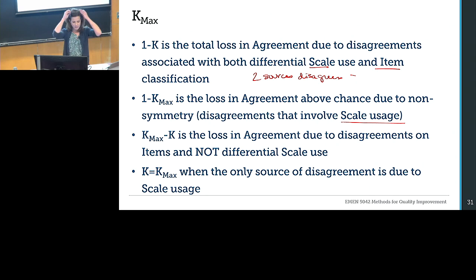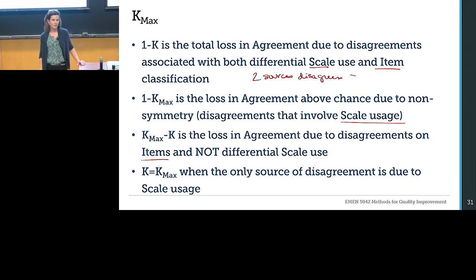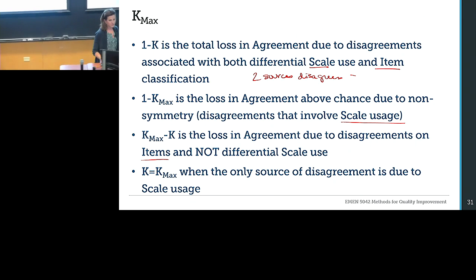And if you look at Kappa max minus Kappa, that's due to disagreements on items, not differential scale use. So that's how I can figure out. I do those calculations, see what the biggest differences are, and then I can figure out where I'd want to work. You could even put it into a bar chart. No pie charts, but you may put it into a bar chart.